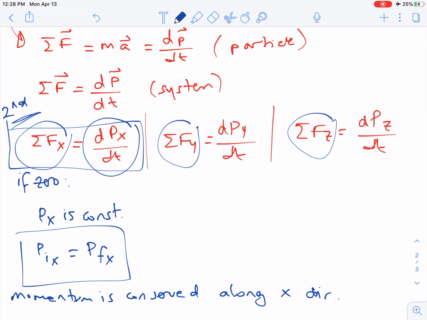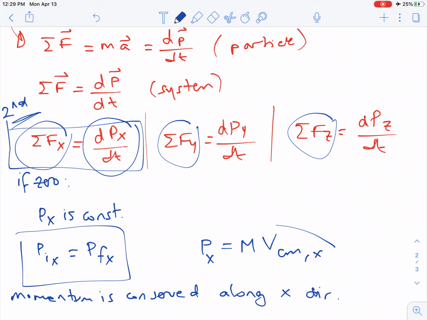After this, again, we will be using the momentum definition, which is m v center of mass. So for the x component, for example, you're going to get rid of the vector signs because the components are scalars, right?